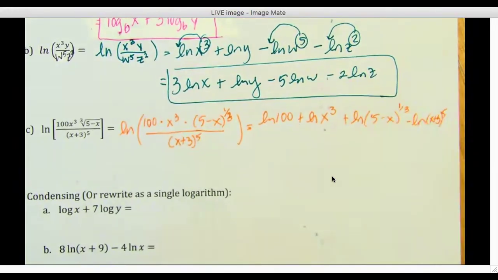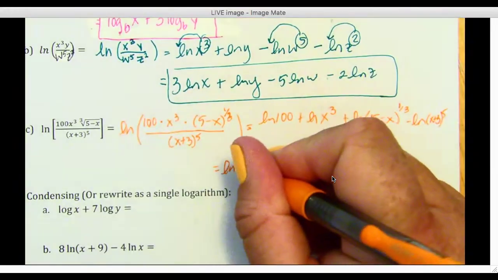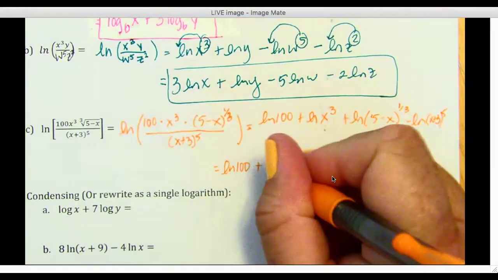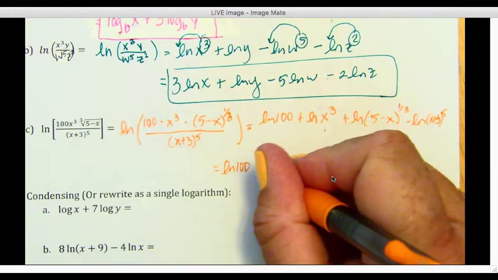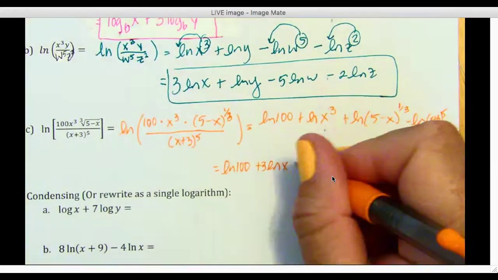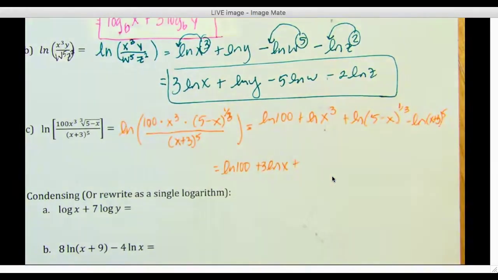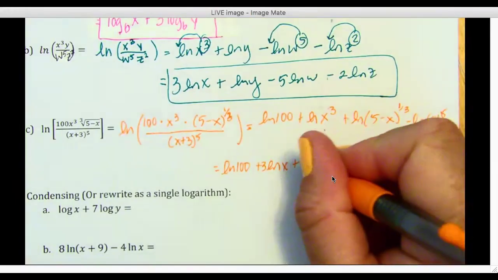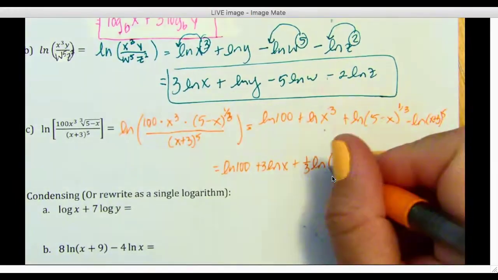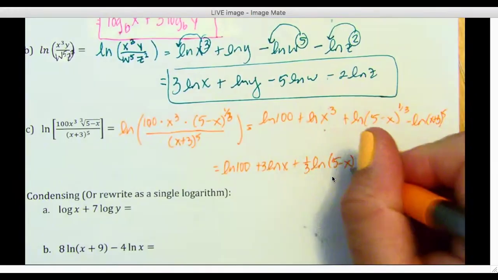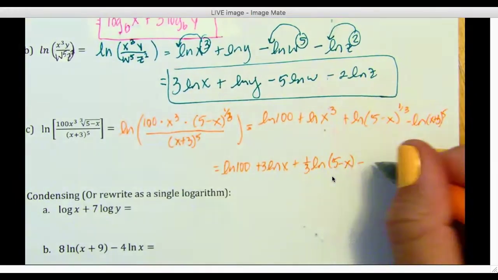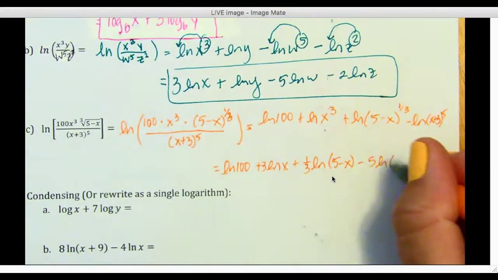And then the last step is just bringing all those exponents out front. So I still have natural log of 100 plus 3 natural log of x plus 1/3 natural log of 5 minus x, and then minus 5 natural log of x plus 3.